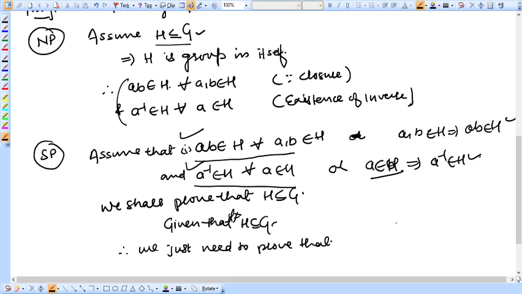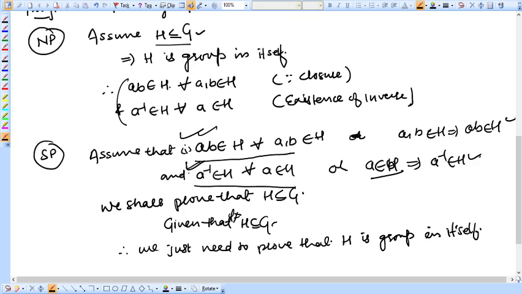So we just need to prove that H is a group in itself. For this we will have to prove all four properties. Obviously these two properties are true, existence of inverse and closure property.